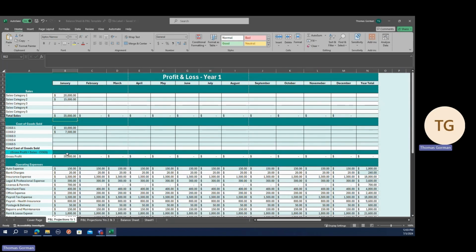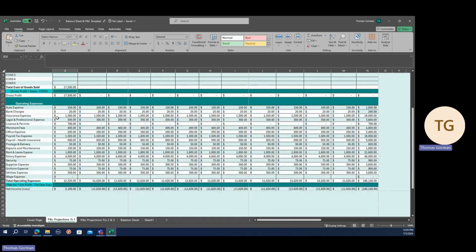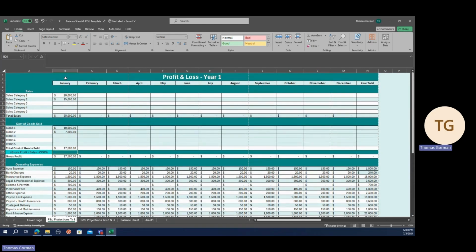We did the same thing. Let's see, equal sum. There we go. And so for the month of January, we have $35,000 in revenue. The cost of the products that we sold was $17,500.